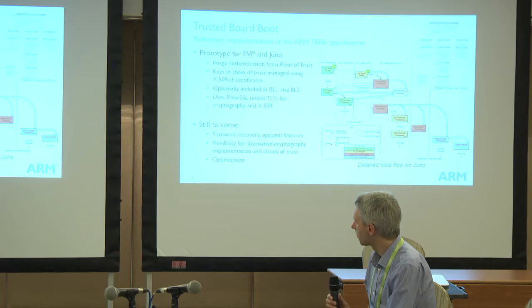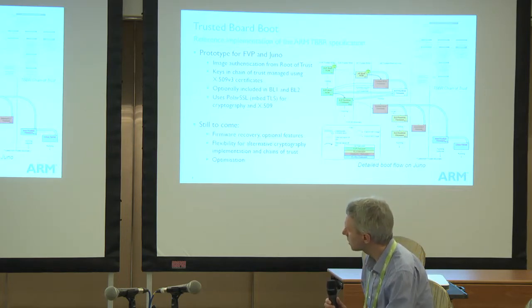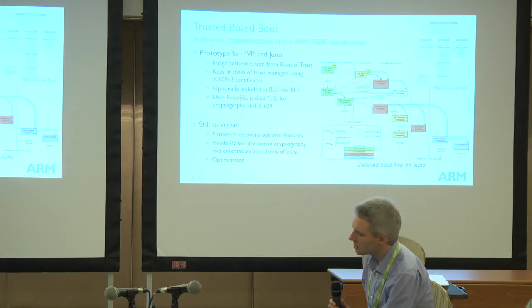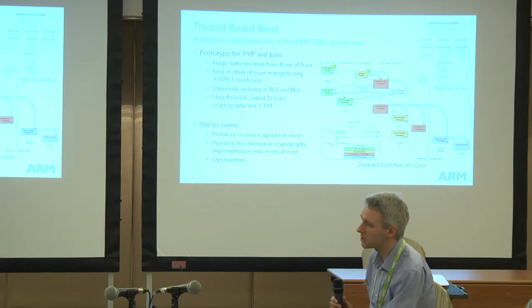A comment about the use of PolarSSL. Today, PolarSSL has a GPL license, which is clearly not entirely compatible with the way some people want to build and provide firmware. ARM plans to re-release Mbed TLS under an Apache license later this year.